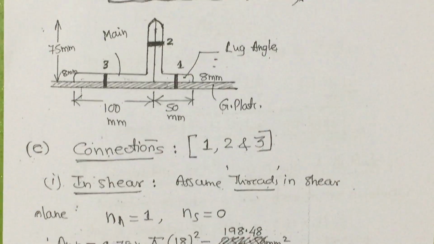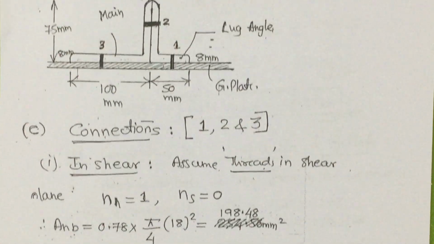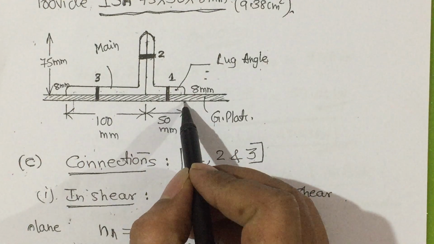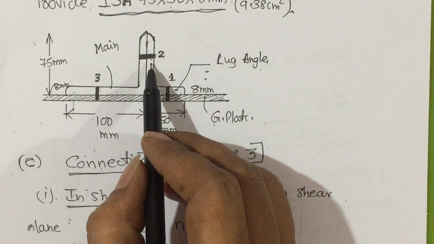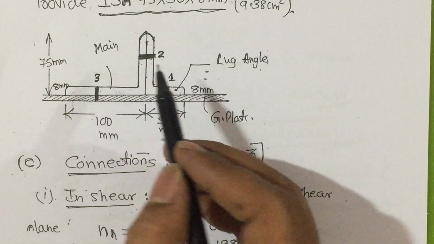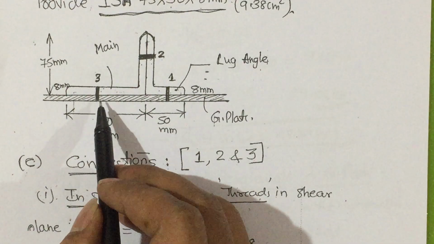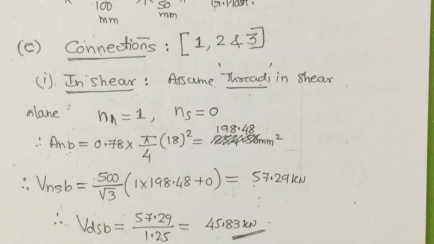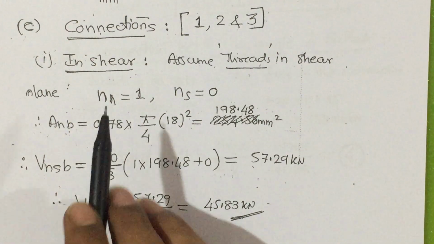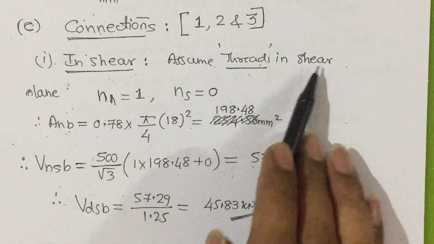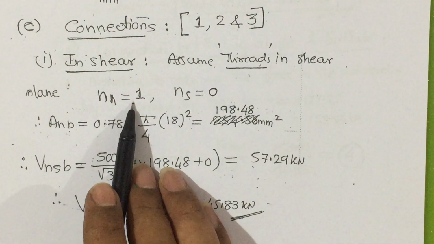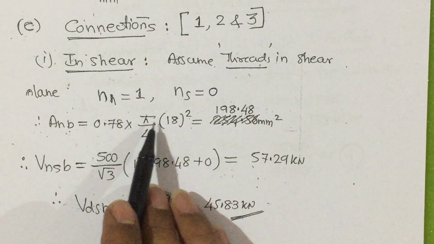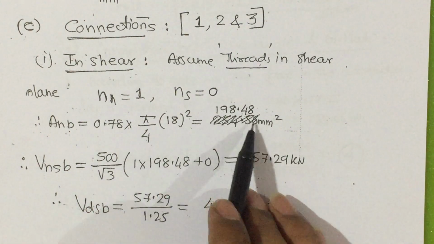Next we will go for connections 1, 2, 3. 1 means between the lug angle and the gusset plate. 2 means between the lug angle and the main angle. 3 means between the main angle and the gusset plate. Please remember, 3 connections are there. Now, we will check for shear, assume thread in shear, therefore, Ns is equal to 0, Nn is equal to 1. Anb is given by 0.7 times Asb, that is pi d square by 4.